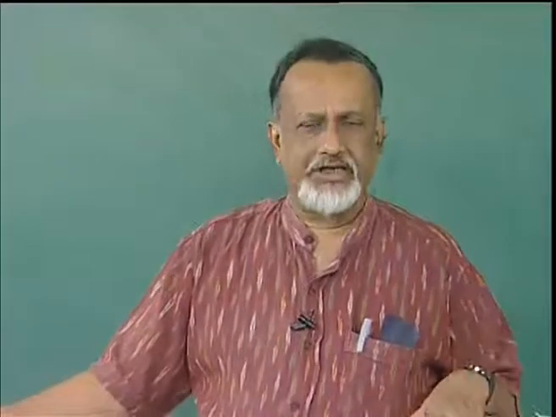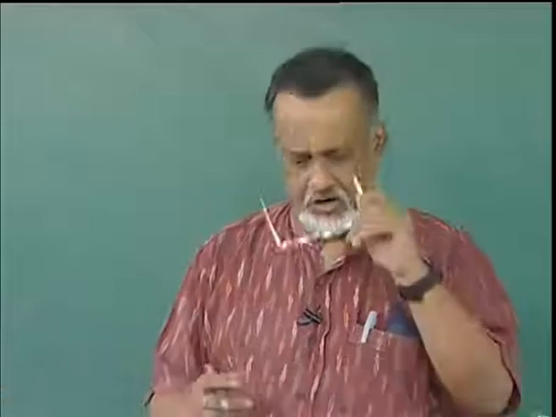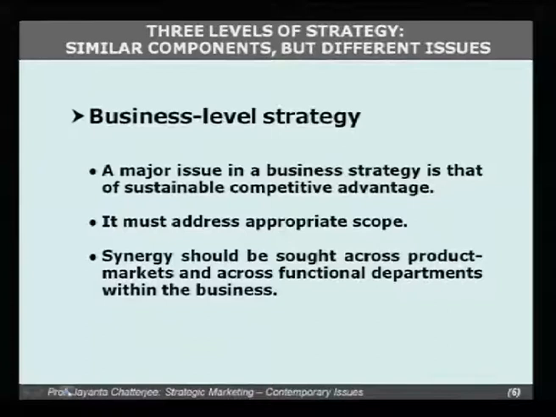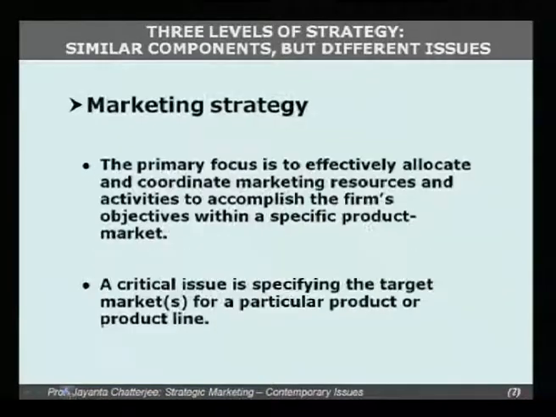All SBUs are supposed to be self-sufficient, but there is always some impetus needed, some investment needed for growth, and this is where the investment budget allocation across different SBUs is something that we do at the corporate strategy level. At the business level strategy, we do the same thing at the focus level of the SBU.